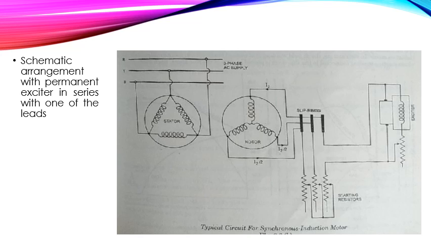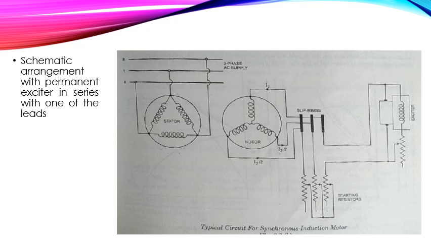So with secondary rheostats for starting, such a motor gives low starting current and high starting torque of the wound rotor induction motor and an improved power factor under load, right? So due to the addition of this external resistance and exciter, the starting current is low and the starting torque is improved, and that's why the power factor is also improved under load condition.